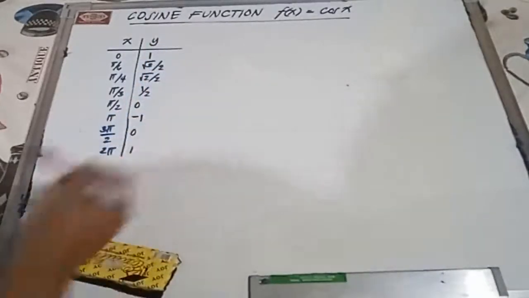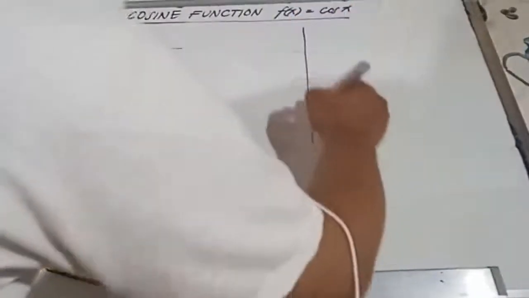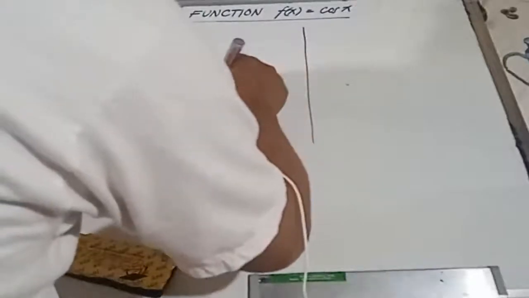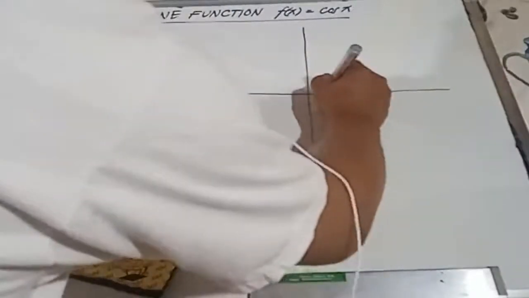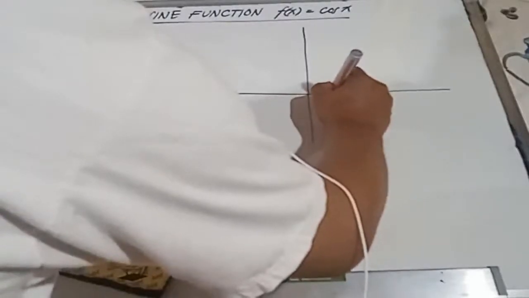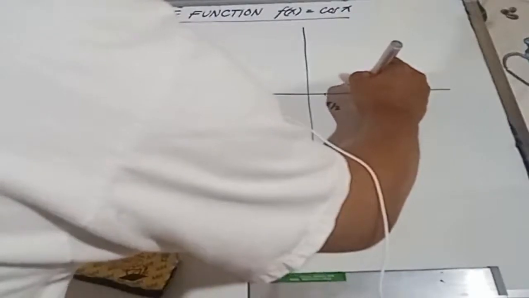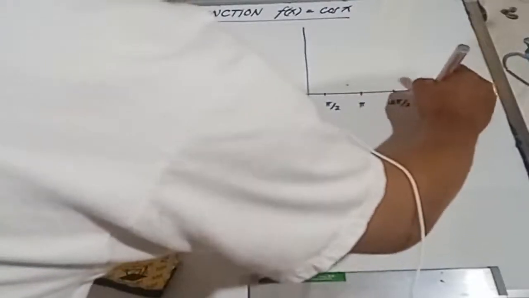Okay? Now, i-graph na natin siya. So, we have here 0, let's say pi over 2, then pi, 3 pi, then 2 pi.